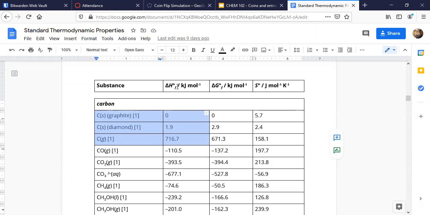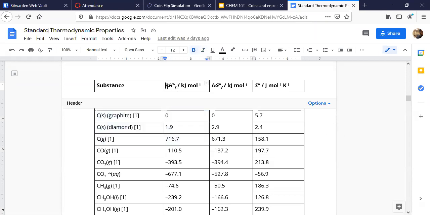I've been concerned about this column right here, carbon's enthalpy of formation, which is 0 for graphite because that's the standard state, which is small but still substantial for the transition to solid in diamond form, but which is really, really mammoth for the transition from solid graphite to the gas.